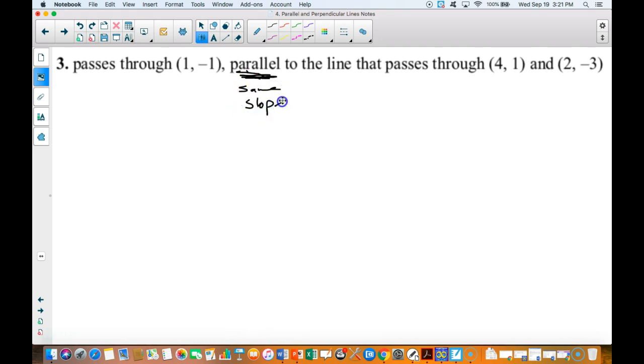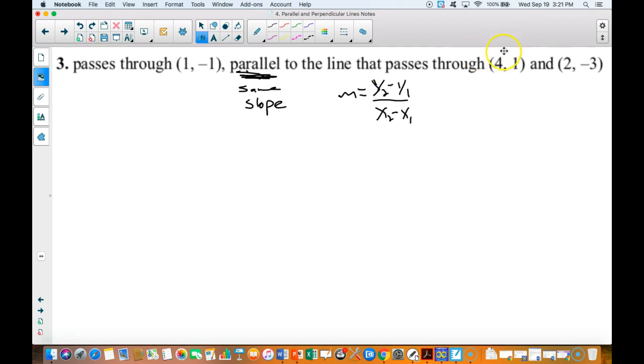but I'm not given an equation. All I'm given is we want a line parallel to the line that goes through these points. Well, I can find the slope of a line that goes between these 2 points. We know how to do that. We know that our slope formula is y2 minus y1 over x2 minus x1.